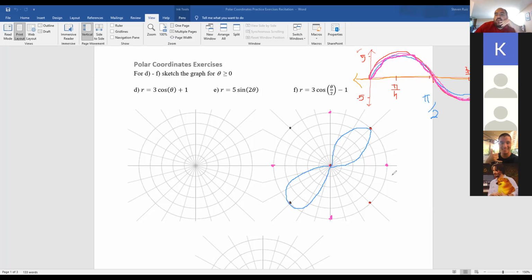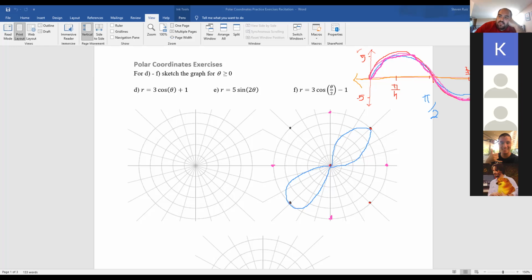One thing I wanted to make, and I didn't quite do it, was that we graphed a single period of this, which is fine. It goes from 0 to pi. But remember, a polar graph goes all the way up to 2 pi. So you're going to have to do the same here.